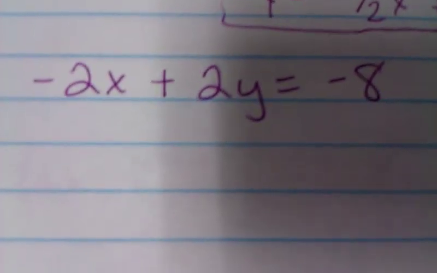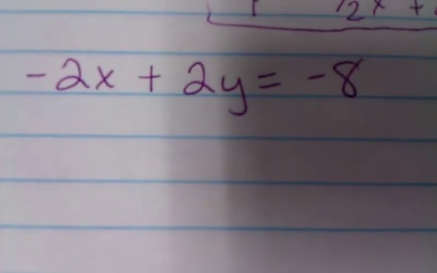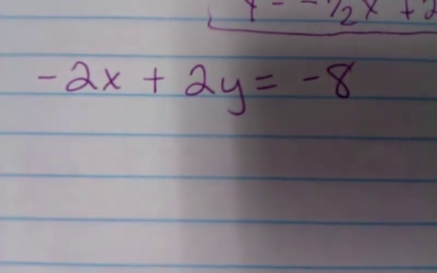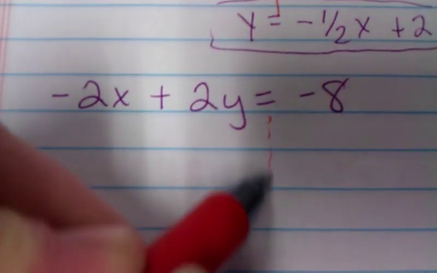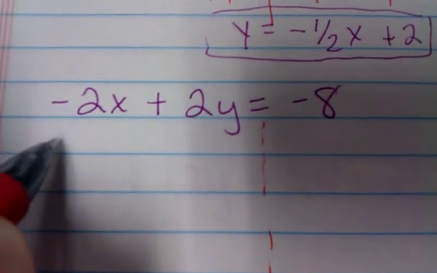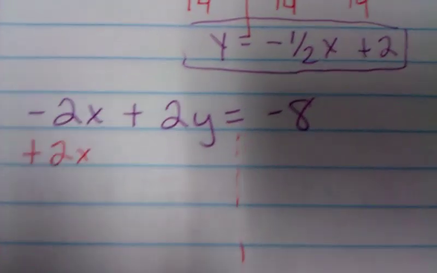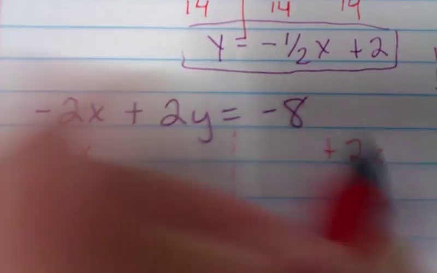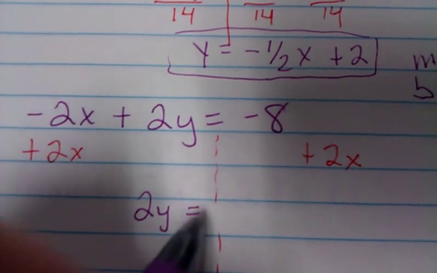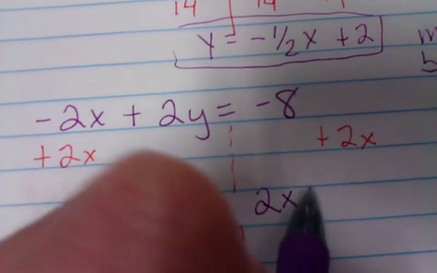The next problem, I would have you solve for y and pause it, and then come back and see how you did. Right here, I'm going to move the 2x to the other side. This time it's a negative 2x, so I'm going to add 2x to each side. And as I rewrite it, I get 2y equals 2x plus 8.